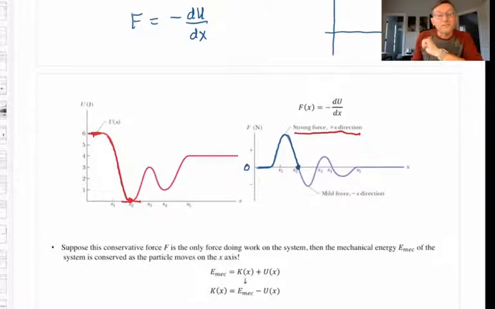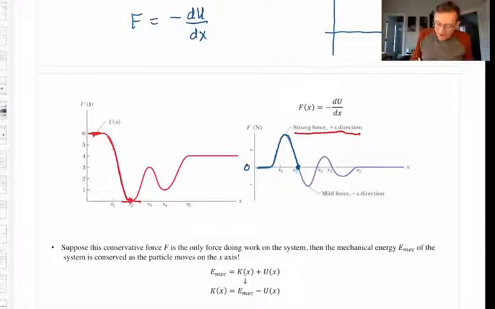That tells you this: whatever particle is experiencing this conservative force, if you put the particle very carefully at the location x2 and let go of it without pushing, it will sit there. Yes, because if you put it at x2, there's no force on it.